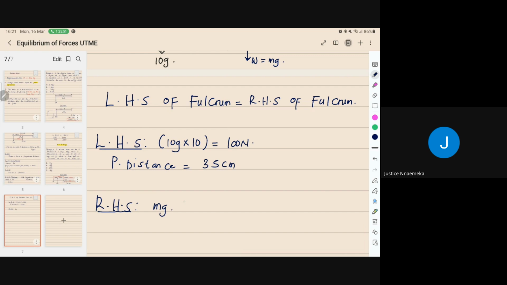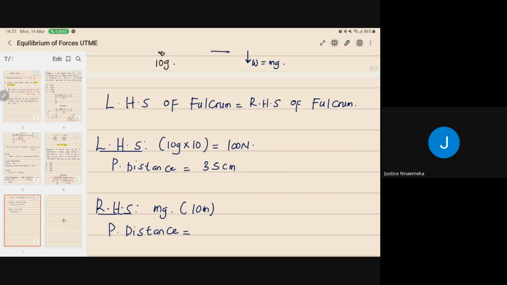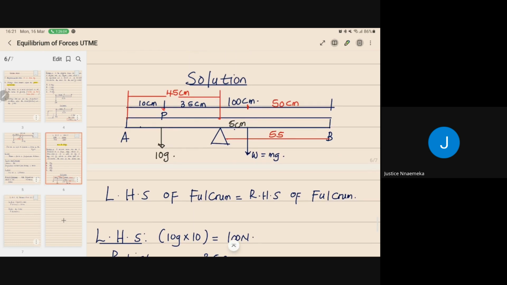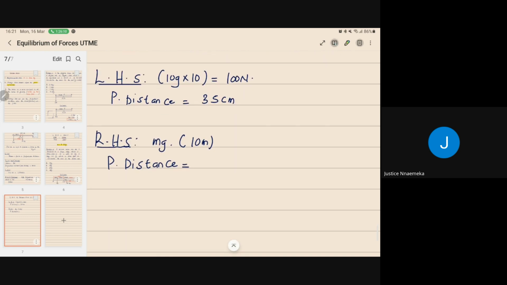That is 10m in brackets because your acceleration due to gravity is there. So the distance of the center or the weight of the rod from this fulcrum is 5 centimeter. So here is 5 centimeter.